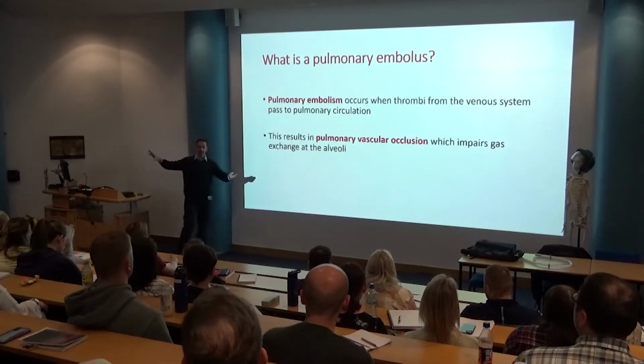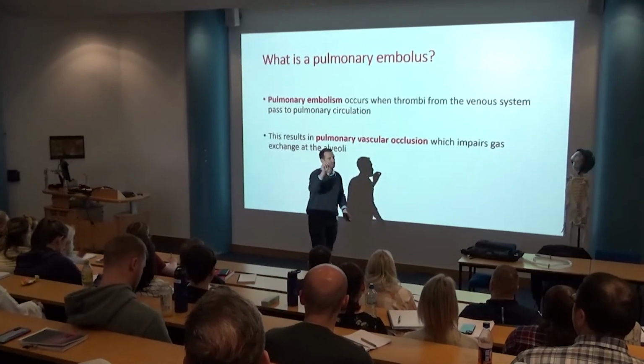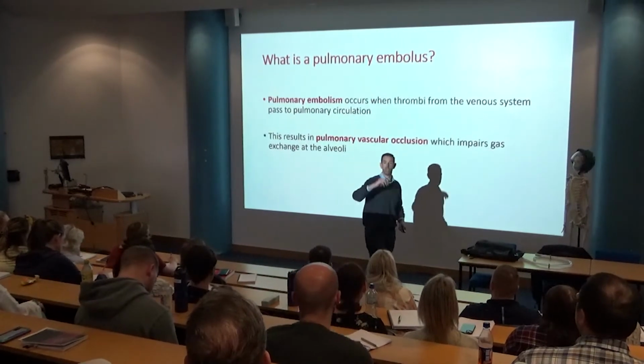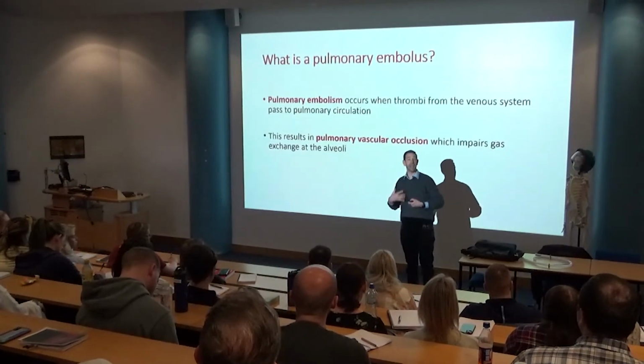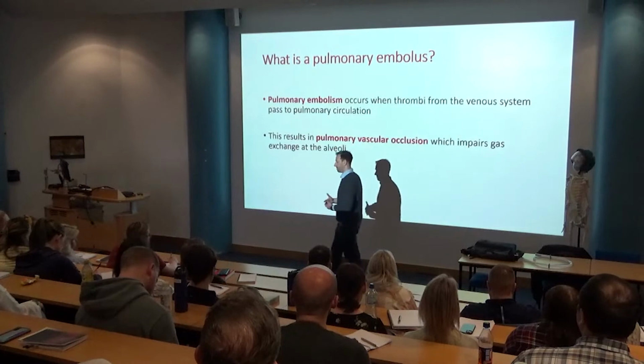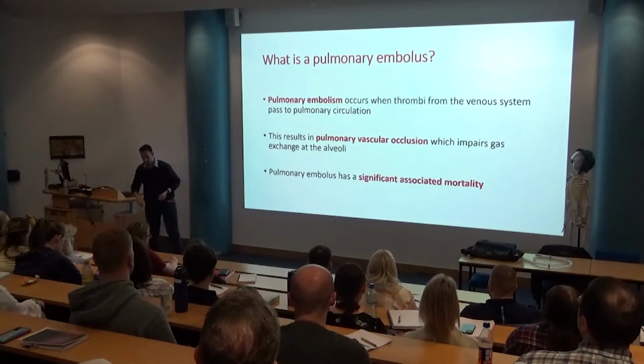The size of it varies, and depending on the size, that will depend on how much of your lungs it will affect. As you quite rightly say, if it's just a tiny one, it will just affect a smaller area of my lungs, but if I've got a large PE, that will affect a much larger area of my lungs, hence potentially getting more obvious symptoms and making it a lot more deadly in that case.